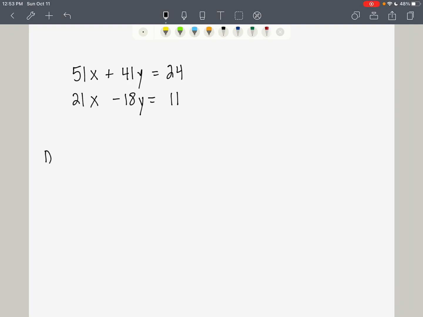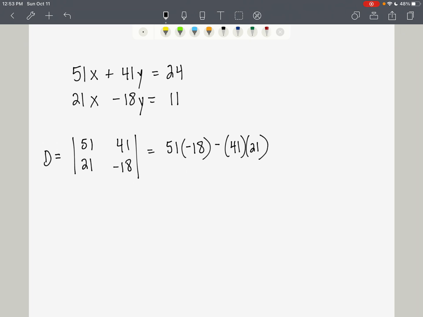What I would start with is the overall determinant, and the overall determinant is going to be 51, 21 for our x coefficients. Then the next column is going to be 41 and -18. I'm going to have 51 times negative 18 minus 41 times 21. So 51 times 18 looks something like that.